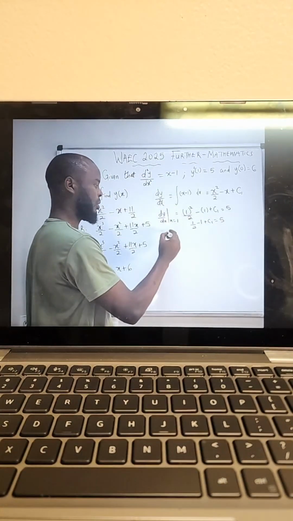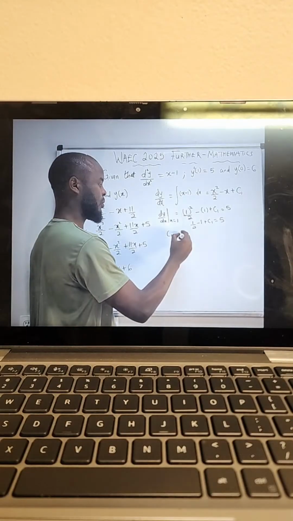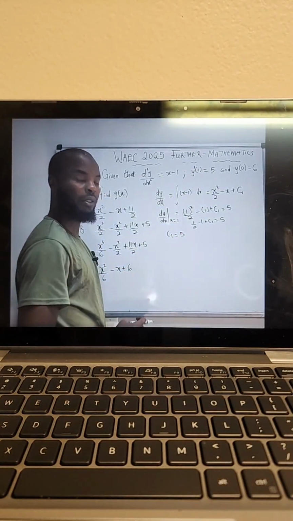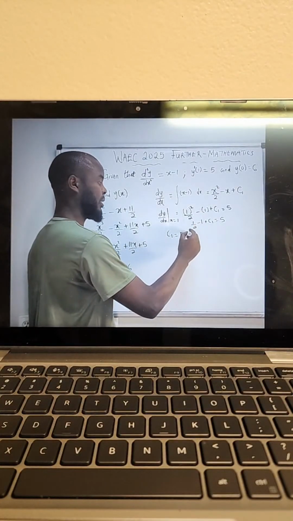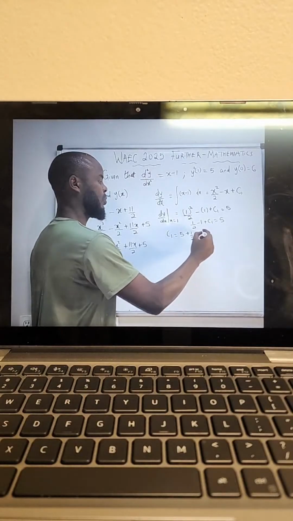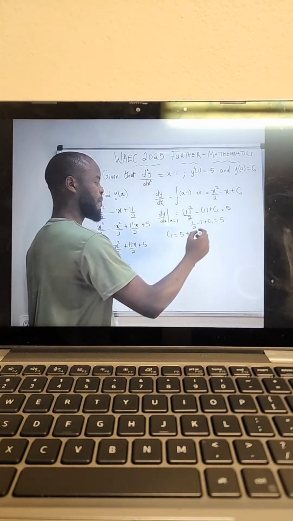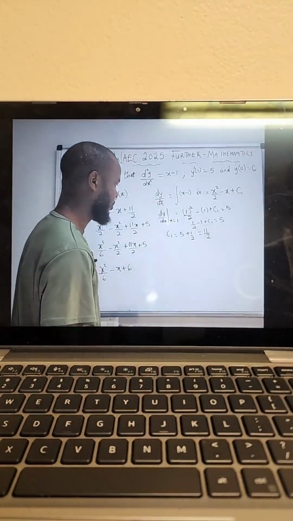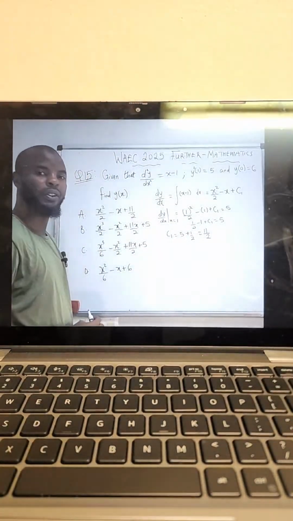To get c1, we have c1 equal to 5. Half minus 1 is negative half. If you move it to the other side, it's going to be plus half. So c1 is the same thing as saying 11 over 2. That is the c1.